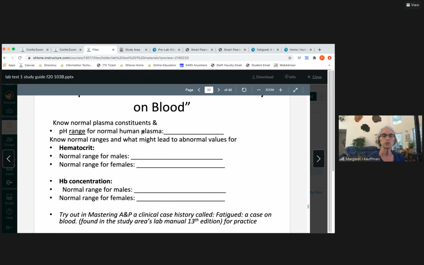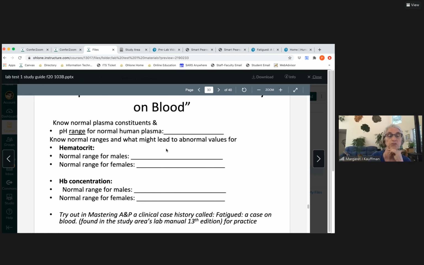You should know what the normal pH is for plasma. I think when we talked about it, it being slightly alkaline. So anything above 7.0 is a slight alkalinity. So 7.35 to 7.45 is the normal range. You will be using this for most of the rest of the semester.